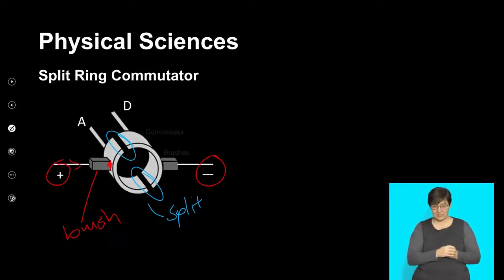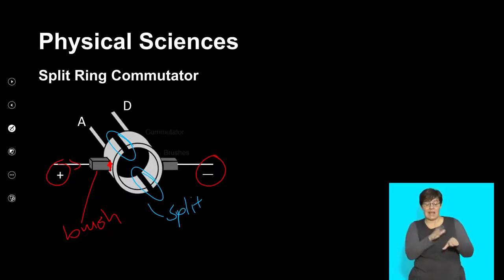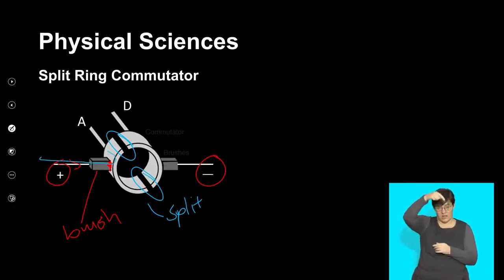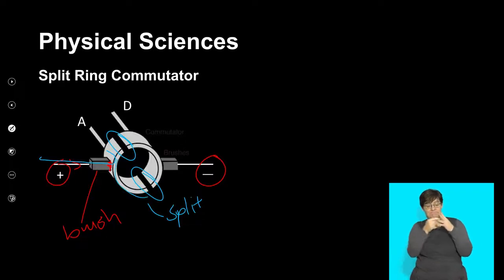So at this point, how this is connected at this moment, we'd recognize the direction of the current is going to go from the positive through the coil into the commutator, and all the parts of the commutator on this side are going to be attached to the armature.